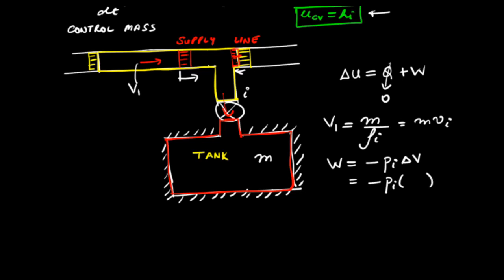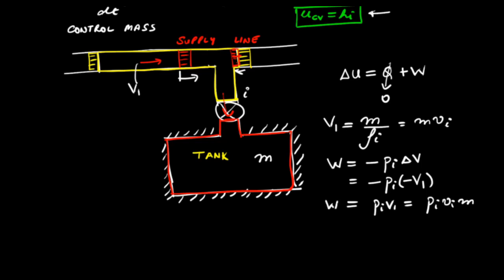The volume of this control mass within the supply line is reducing, and it reduces by an amount minus V1. So the work done on this control mass is Pi times V1, and that is equal to Pi vi times m. So this is the work done on the control mass.